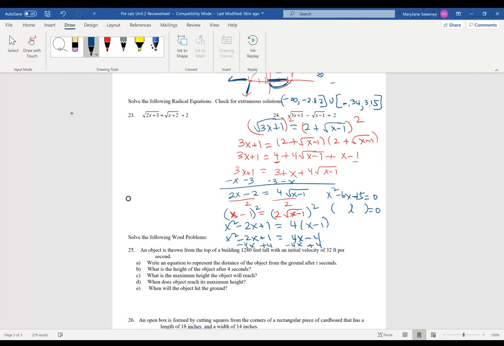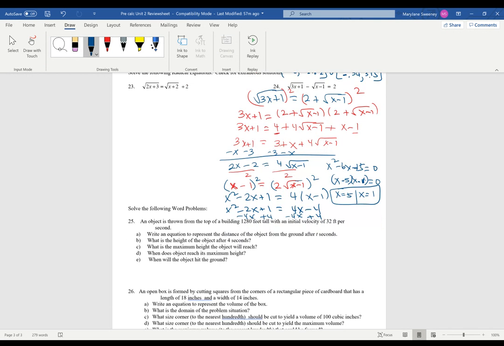Factor. So I need 5 and 1 is the only thing that's going to multiply to 5. And they need to both be negative so that they add to negative 6 but multiply to positive 5. So we get x equals 5, x equals 1. If you check those, what you're going to see is they both work. So remember, with radical equations, you do need to check for an extraneous root.